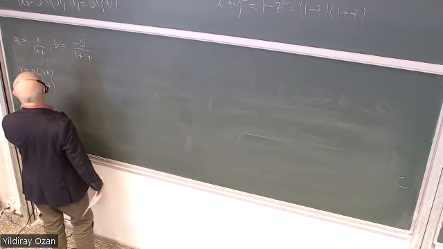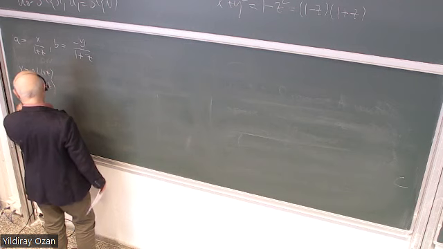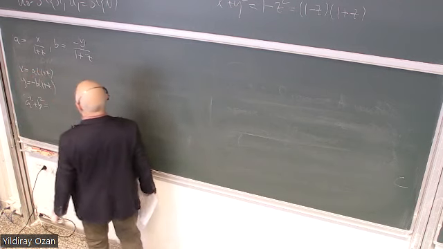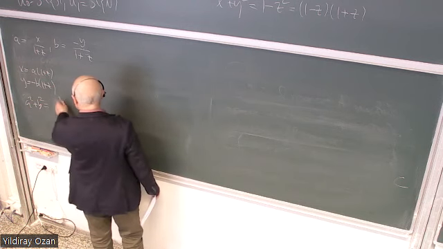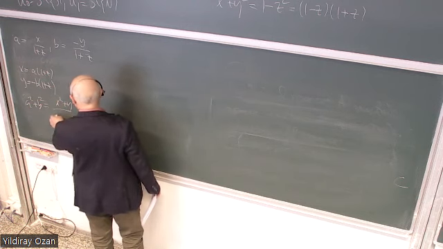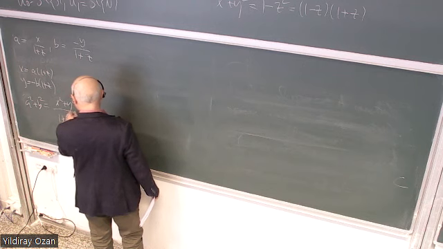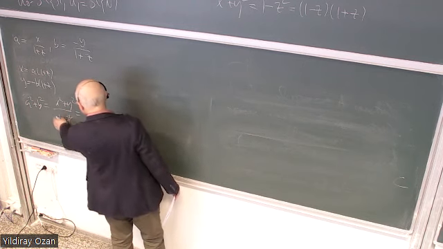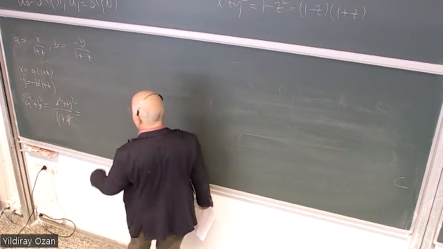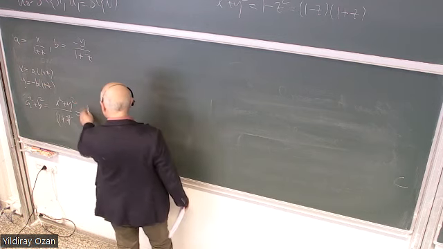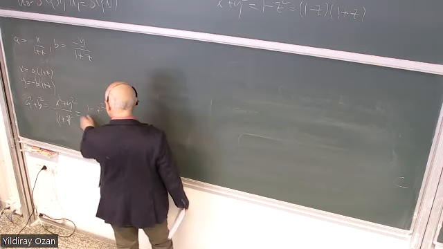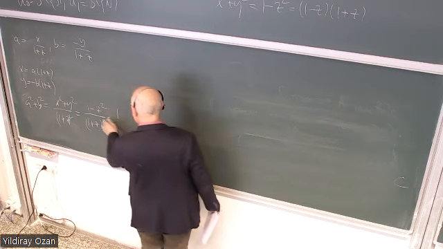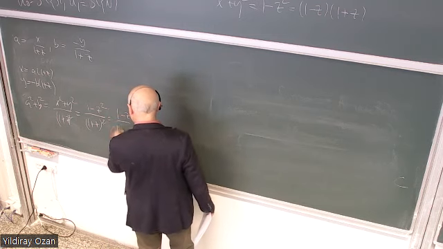A kare artı B kare is x squared plus y squared divided by 1 plus z squared, which is 1 minus z squared over 1 plus z squared.